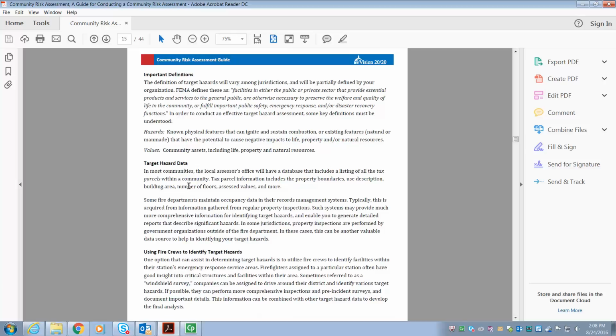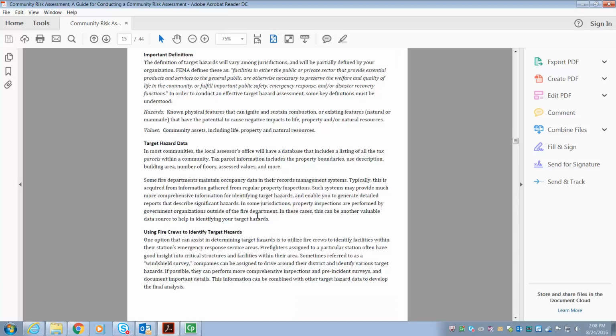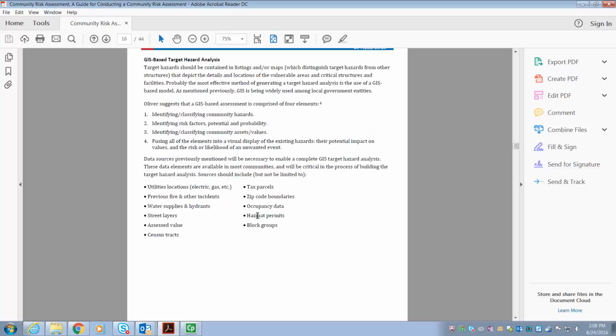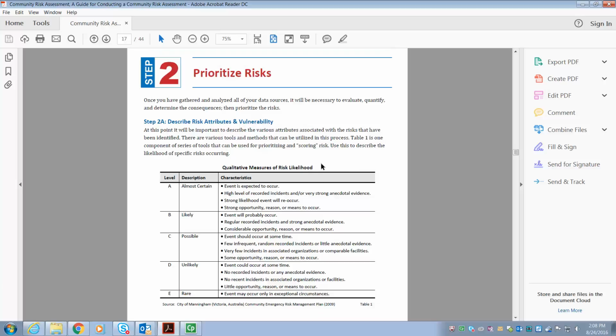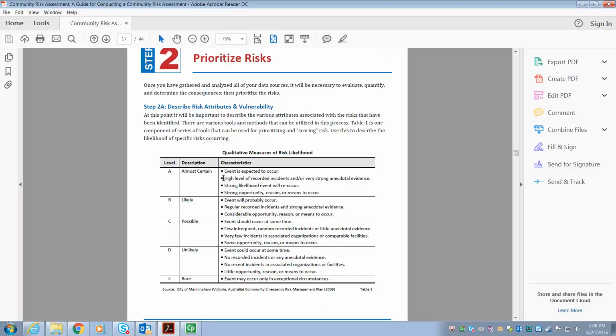So here's some definitions for you about hazards, and again about values. And this is what's going to help us establish to be able to prioritize and establish our acceptable level of risk. Here in step 2, where that prioritization takes place, you can see some of the measures that they look at.